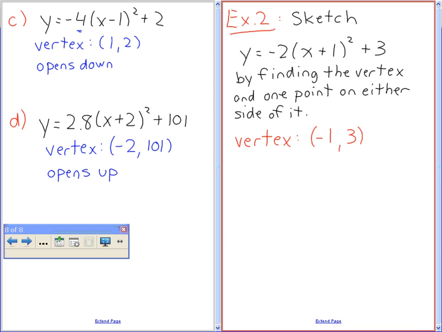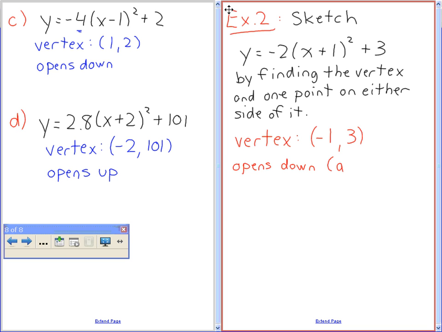Jenny, will this graph be opening upwards or downwards, and why? It opens downwards because, again, a is less than 0. Because a equals -2, I guess we can say.